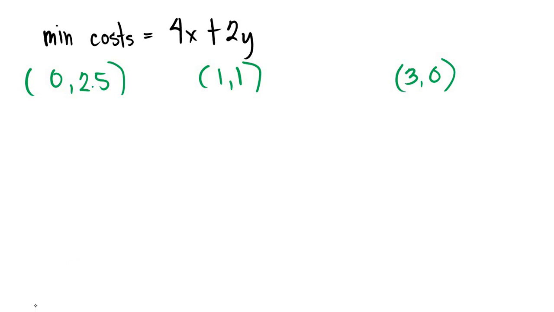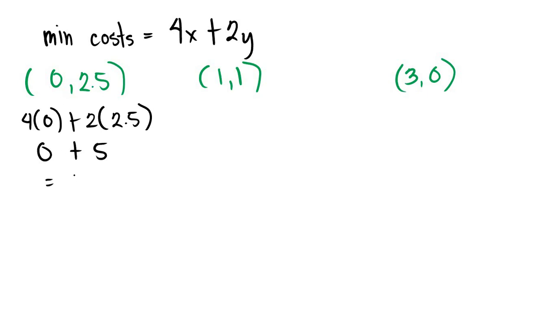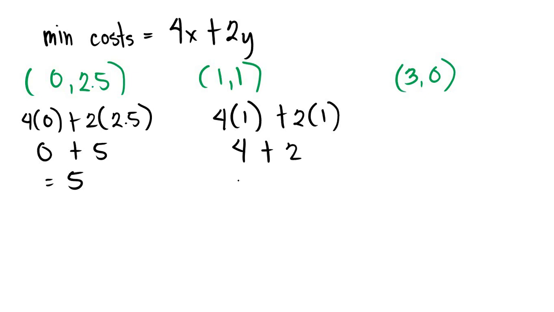Using the formula above, we substitute these values. 4 times 0 plus 2 times 2.5, that would be 5. So for this point, our value would be 5. Let me proceed with 1 and 1: 4 times 1 plus 2 times 1, that would be 4 plus 2, that would be 6.